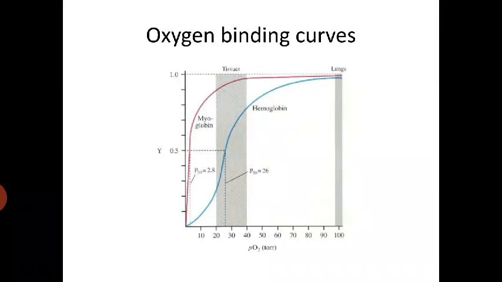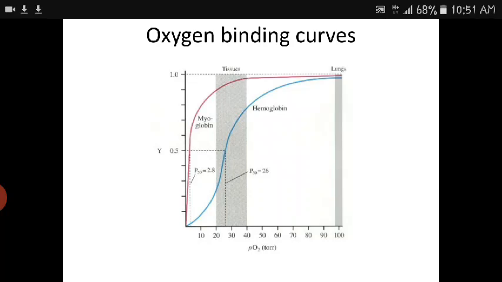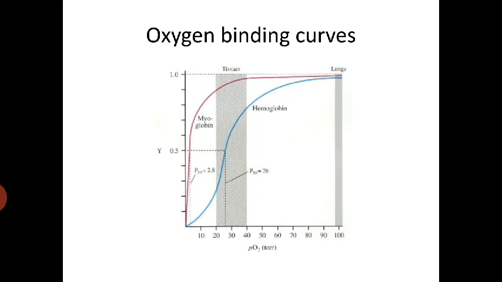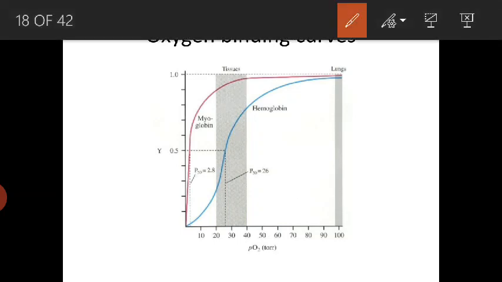So here we have the oxygen binding curves, where this red line indicates the oxygen binding curve of myoglobin, whereas this blue one indicates the binding curve of hemoglobin.